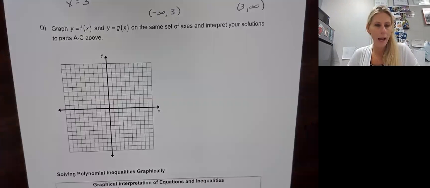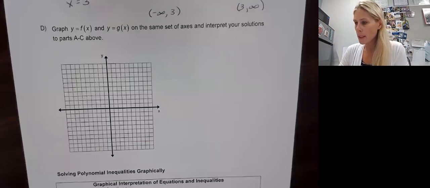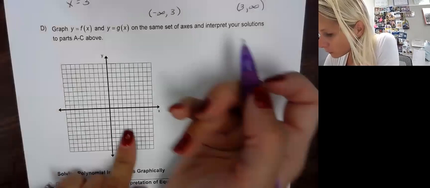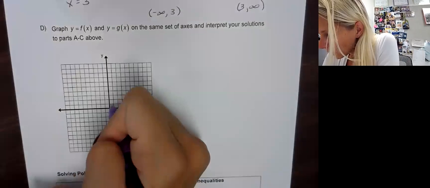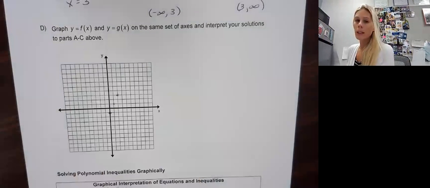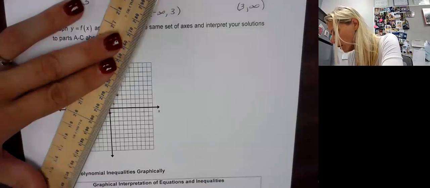We're going to graph f and g on the same axis and interpret the solutions from above, okay? So let me do f of x in purple. So f of x, we start at -1 and our slope is +2. I'm going to get my ruler to make sure it's on point, or you can do a straight edge.